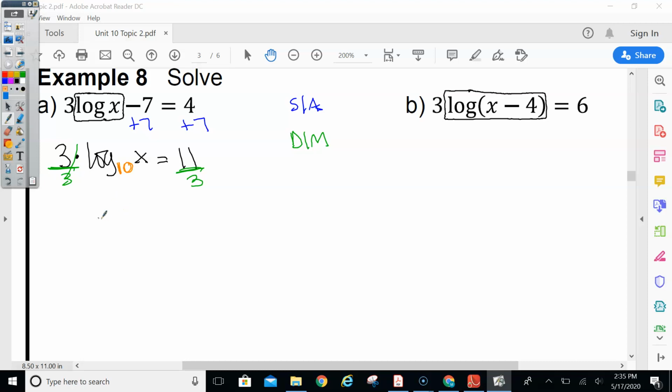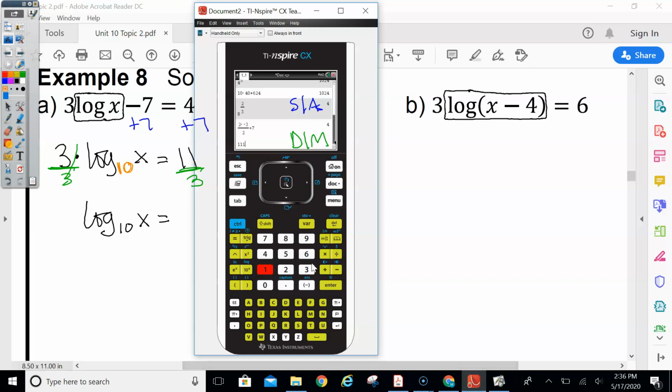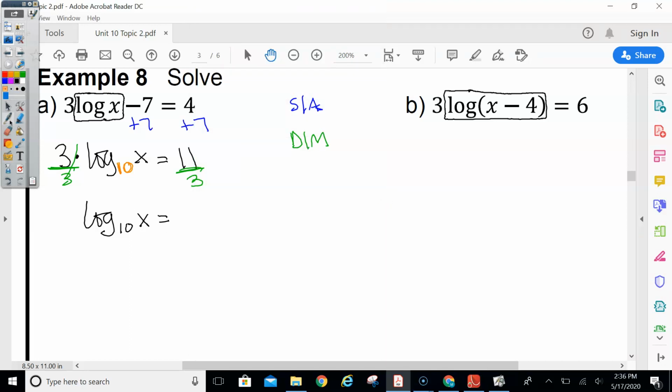So I get log base 10 of x equals, if I try to divide this, I'm going to get an ugly decimal, and I don't want to round just yet, so I'm just going to leave it as 11 divided by 3. I don't want to change it to a decimal just yet, not till the end. Okay, so from here, we want to take the log and turn it into an exponential.